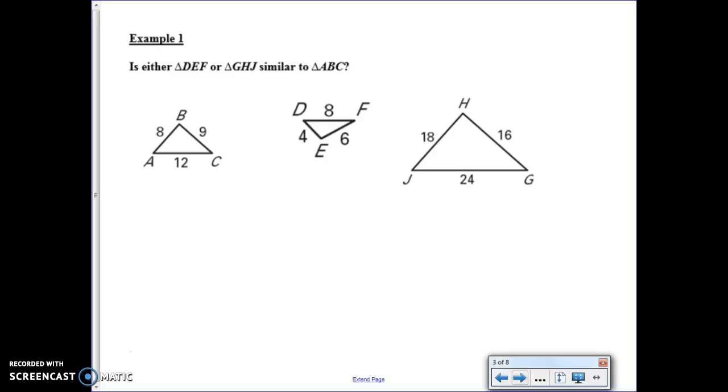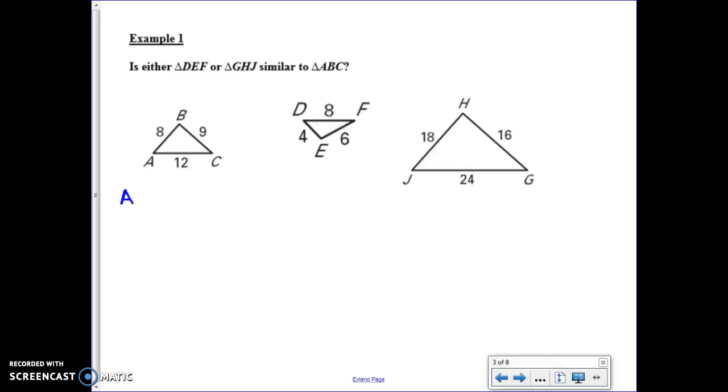So we're looking at an example here where we want to know if triangle DEF is similar to ABC, and if triangle GHJ is similar to triangle ABC. So let's match up pieces here. I'm going to start with ABC and DEF.